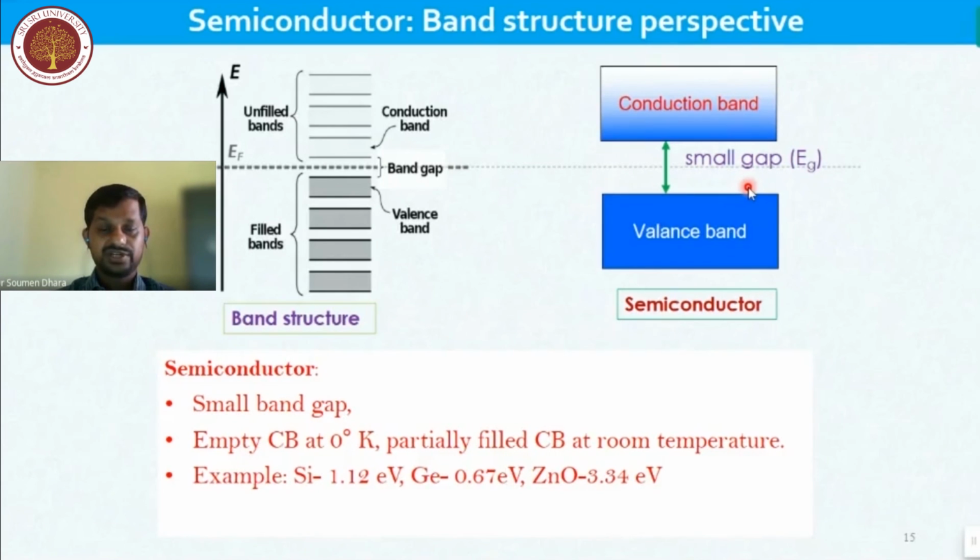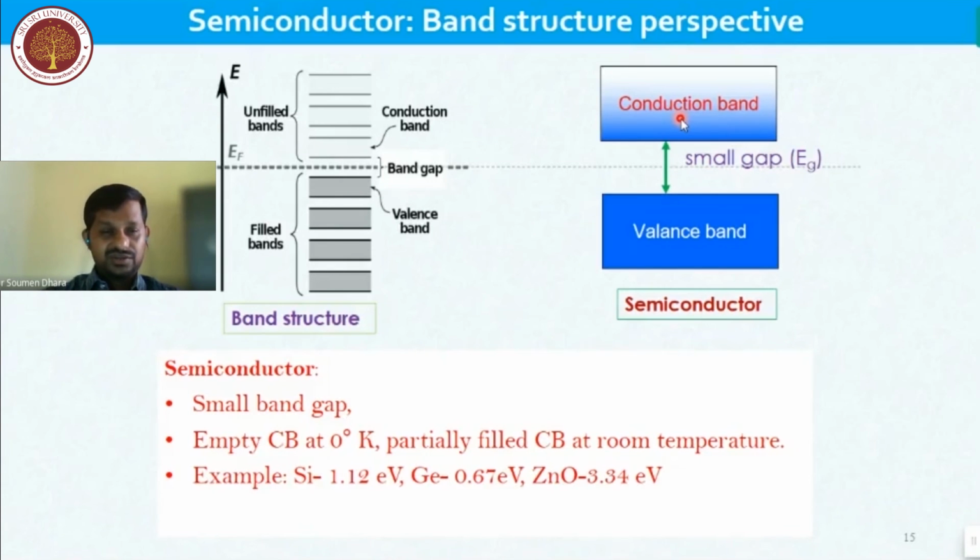As this gap is small, at room temperature, when you have a temperature of 27 degrees Celsius, or 300 Kelvin, a few of the electrons can come to the conduction band. But only a few can come. So you will have some conductivity, not exactly zero, but a very low value, in the range of 10 to the power minus 6 to 10 to the power minus 10, 12.